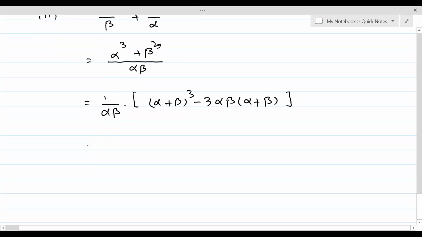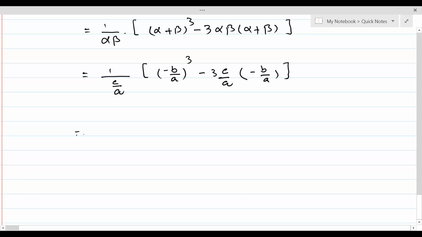We can again substitute the values. 1 over alpha into beta is a over c, and this would be minus b over a whole cube minus 3c over a into minus b over a, and this can be easily simplified.